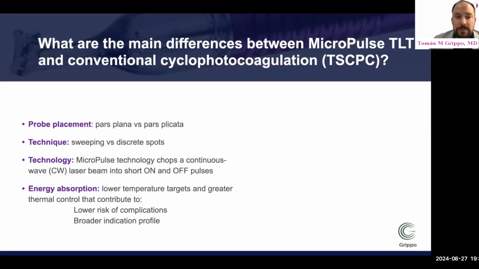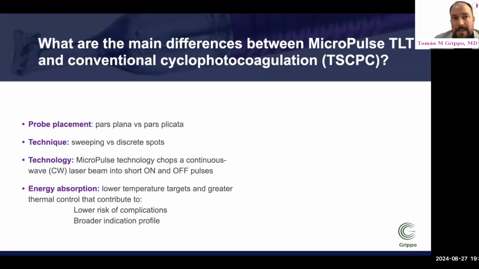Because of all this, the energy absorption is pretty different between both techniques. With MicroPulse, you have lower temperature targets, and you have better thermal control. So the range of temperature that you can get with MicroPulse is much smaller compared to traditional CPC.